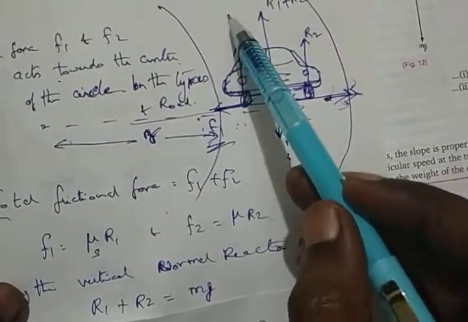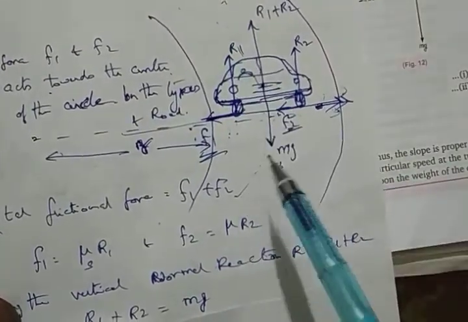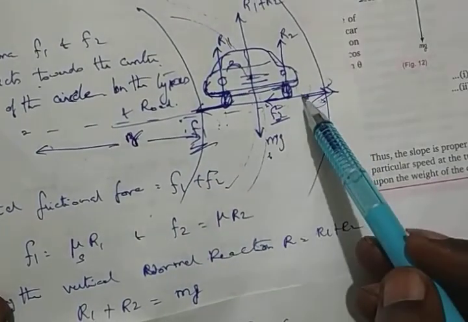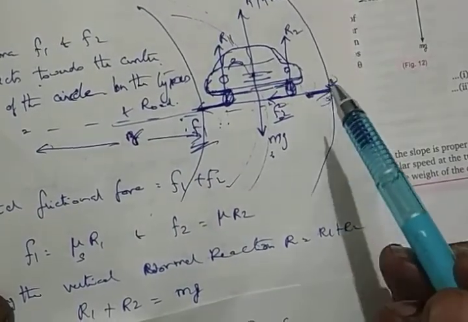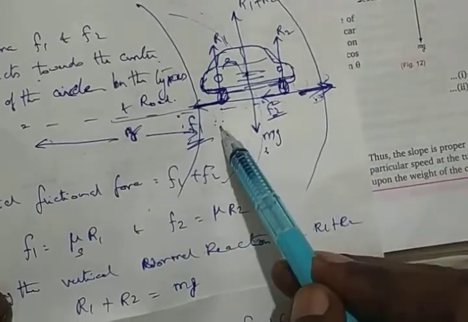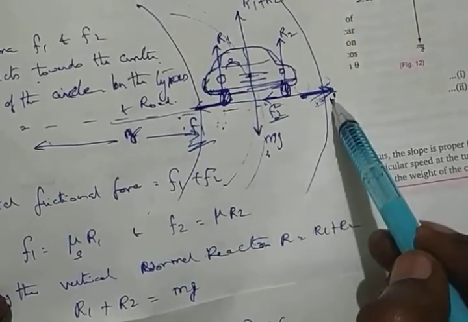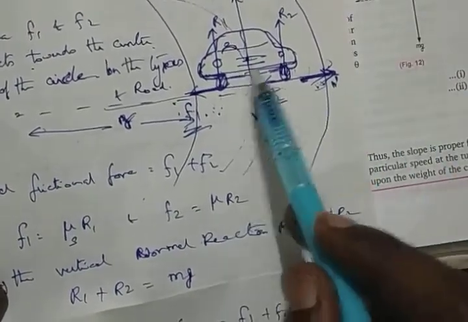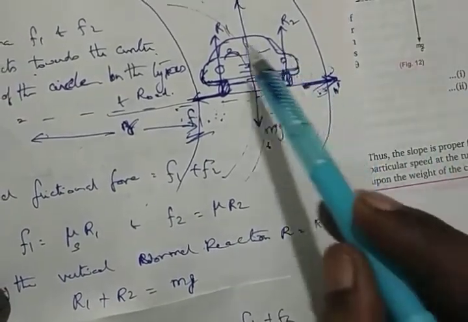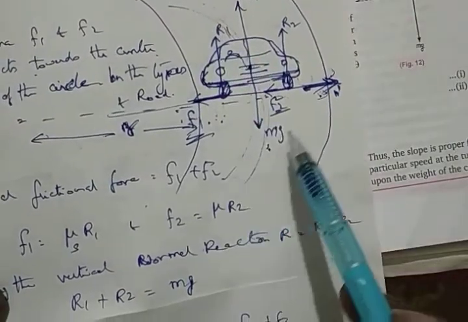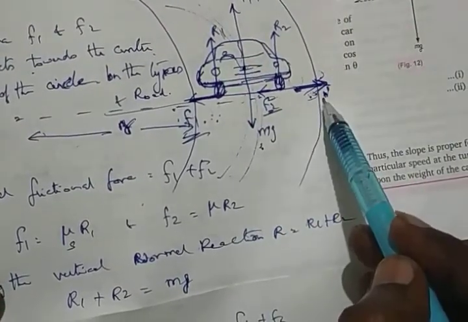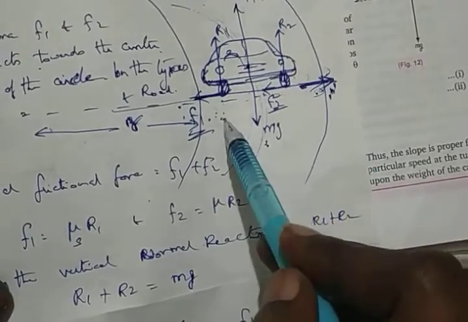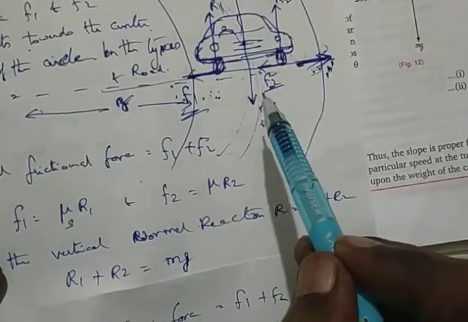So whenever you are negotiating a circular path, remember that the force you are exerting outward should be definitely less than the frictional force. If this force is greater than the frictional force, you will be slipping away, and the car will topple down. So safe negotiation always means the external force should be much less than the frictional force. It should be a safety zone.